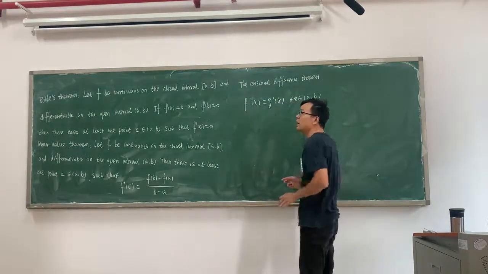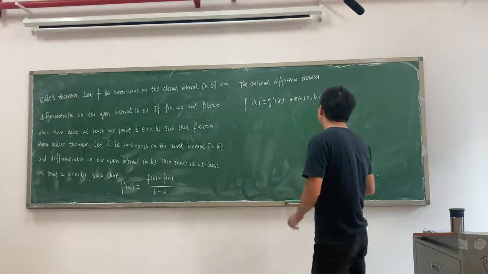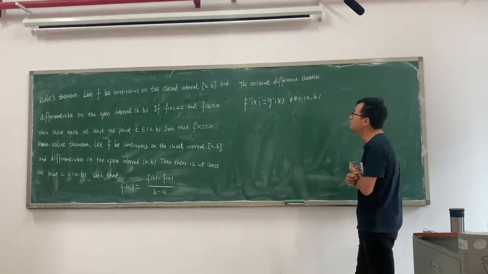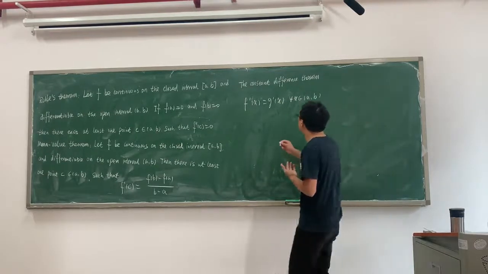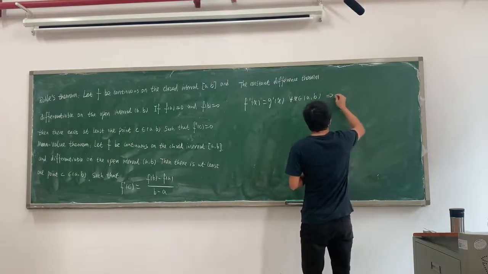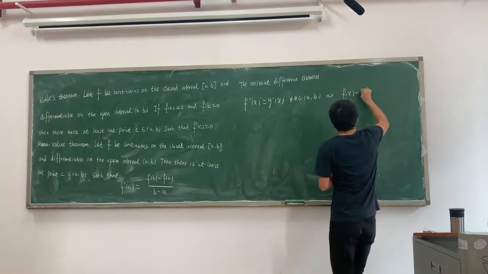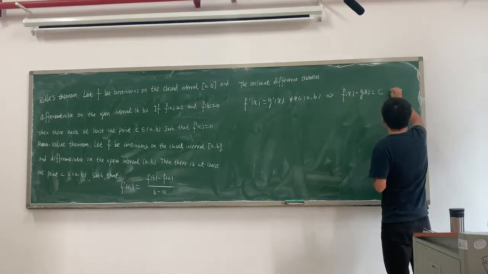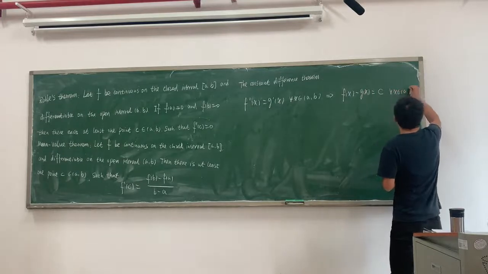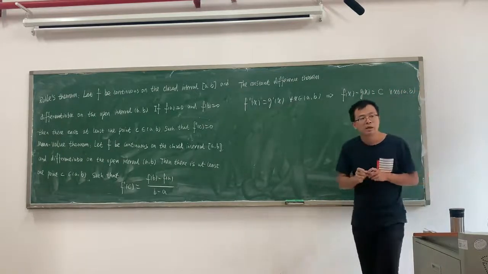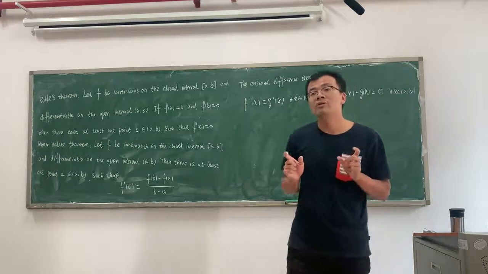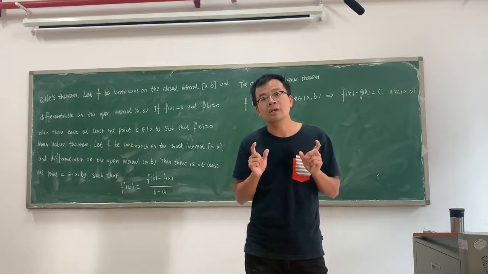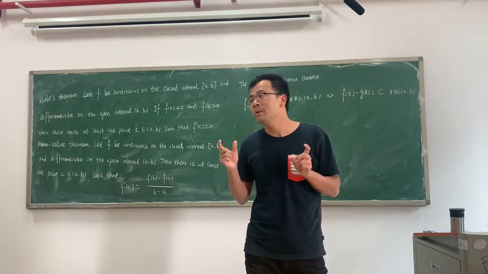Actually for this we have f(x) minus g(x) equal to some constant for any x belonging to (a, b). So if two functions have the same derivative on the open interval, then one function can be expressed by the other function plus a constant.